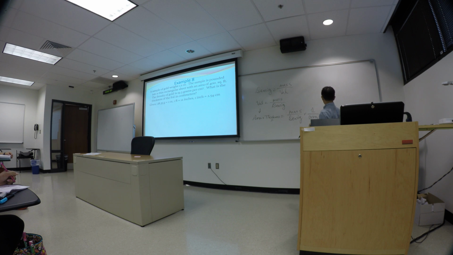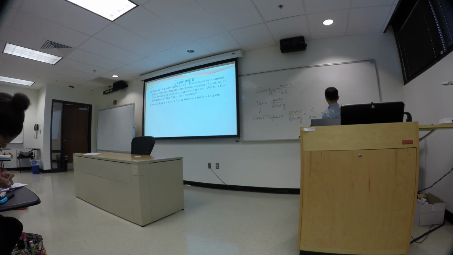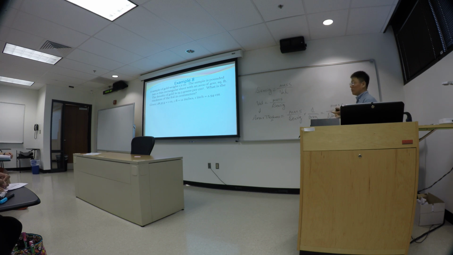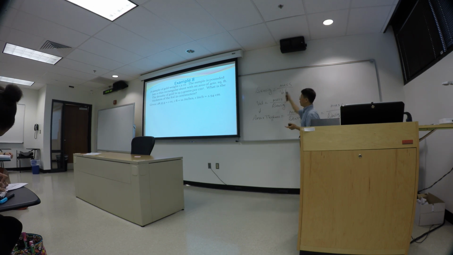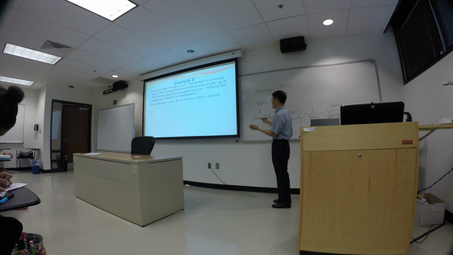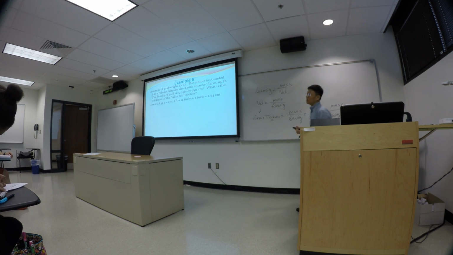So here we have mass, density, times area. So that's basically the information we're given there. We're given the density there, and from the density we can figure out the volume. And the volume of the rectangular shaped foil equals area times thickness. Area is given, mass is given, density is given, thickness is the only unknown.